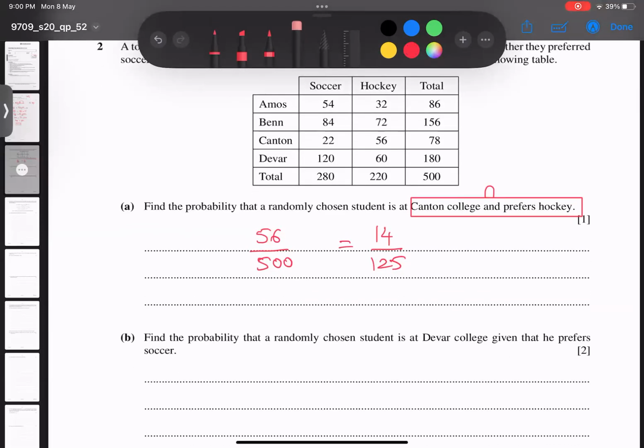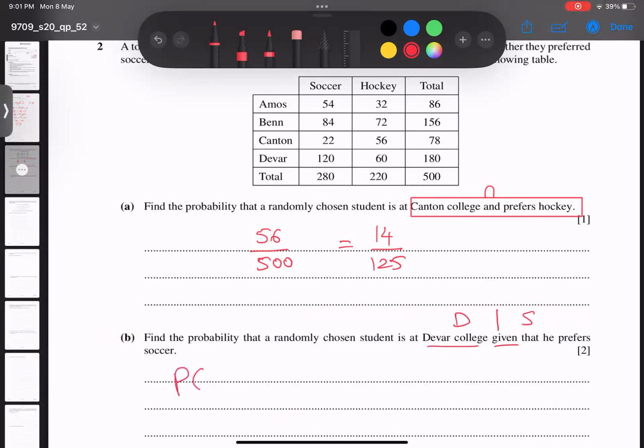Find the probability, students, that a randomly chosen student is at D college, given that they prefer soccer. I just say D given that S, or D slash S, where S is for soccer.